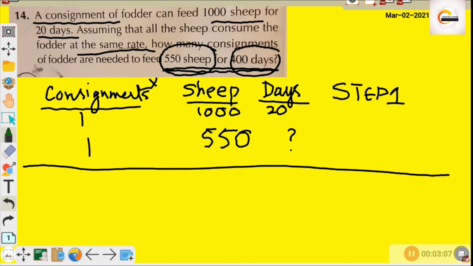Now let's see, since we have figured out that we have to deal with these 2 variables, let's see. If we have 1,000 sheep, will it take more days to consume a consignment of fodder, or will it take less days to consume the consignment of fodder?